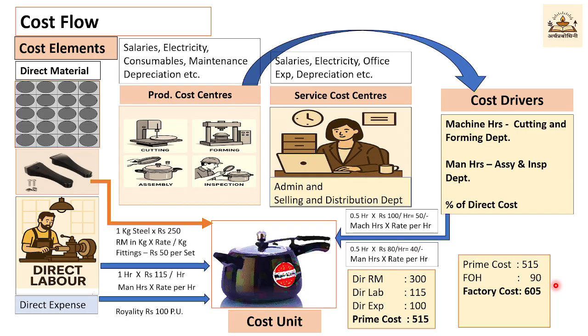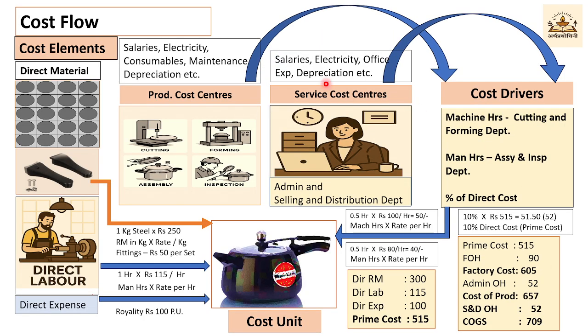Now next is administrative overhead. Here administration overhead is not possible to capture like machine hour or man hour because you cannot quantify the cost driver as hours. So this needs to be loaded as a percentage of direct cost. You will estimate some percentage so that all the cost gets loaded in the product. Say here, for example, we consider 10% of the direct cost will be loaded into the final product as administrative overhead.